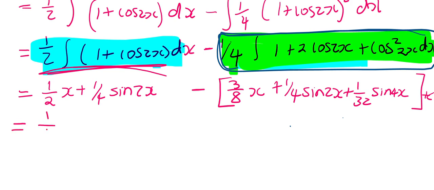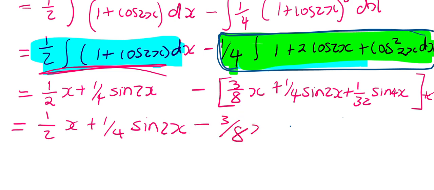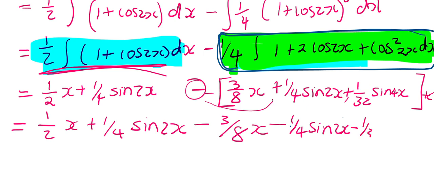So now this is equals to 1 over 2x plus 1 over 4 sine of 2x minus 3 over 8x minus, because this minus times this positive times that one, minus 1 over 4 sine of 2x minus 1 over 32 sine of 4x plus c. So now let's group the like terms. If we say 1 over 2 minus 3 over 8, what do we get? We get 1 over 8. So this is 1 over 8x.